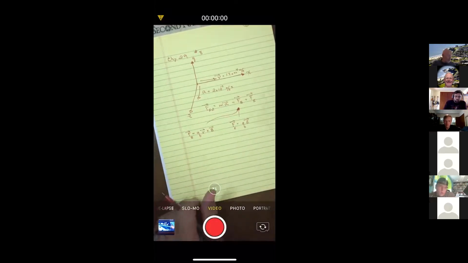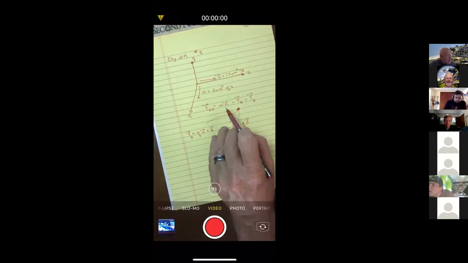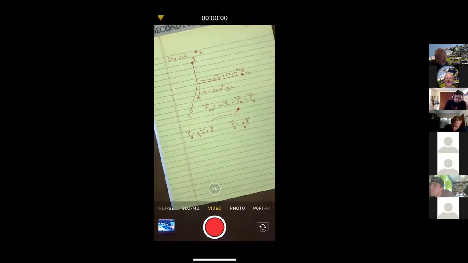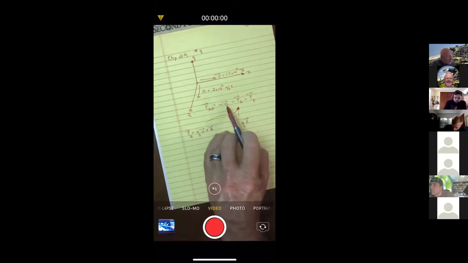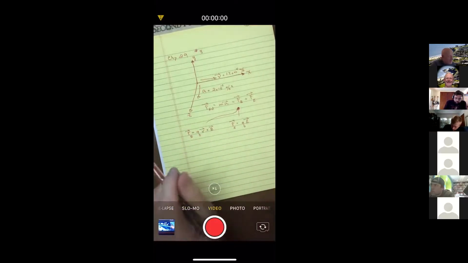So these two add together to give me the net force. And again, the net force is mass times acceleration. So if I focus for a moment just on direction, with the acceleration being in the z direction, that would tell me these two forces have to add up to give me a z direction only.